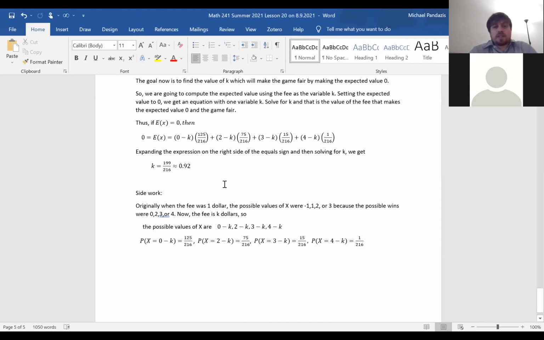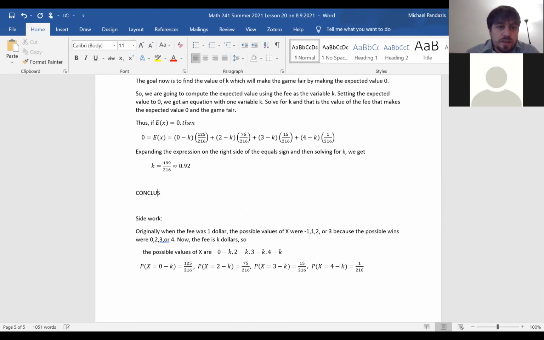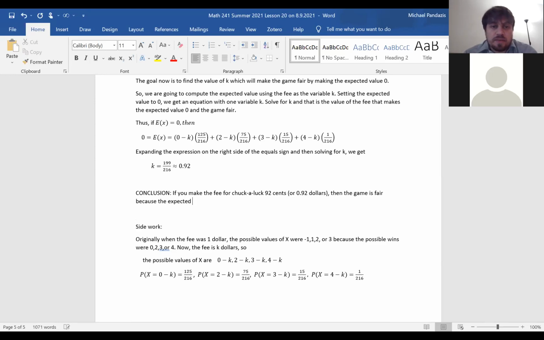Okay, and so our conclusion is that if you make the fee for Chuck-a-Luck 92 cents, or $0.92, then the game is fair because the expected value is 0.